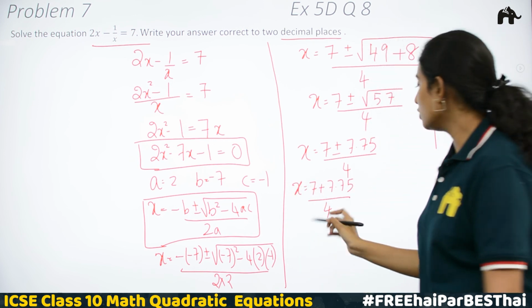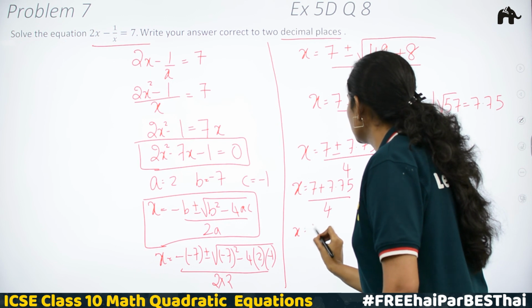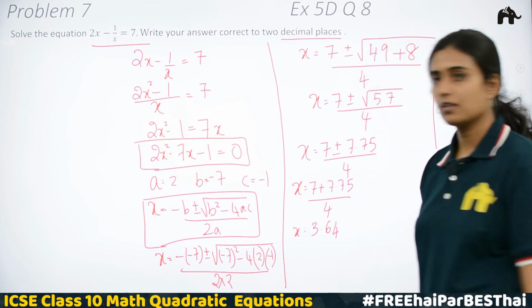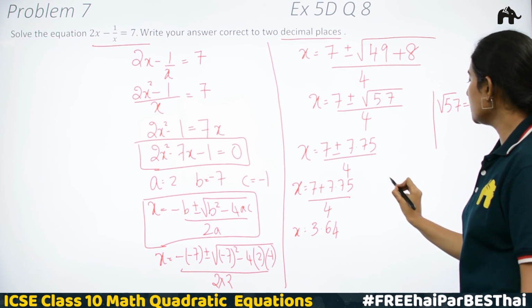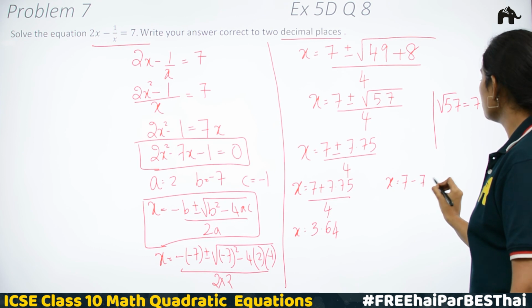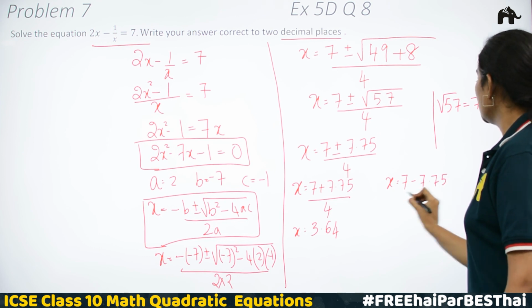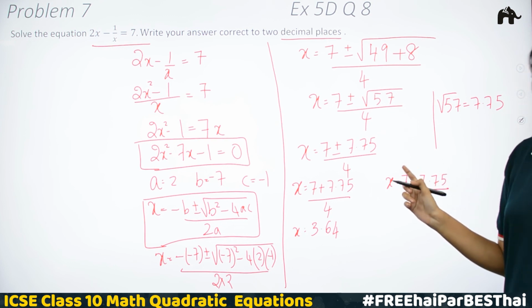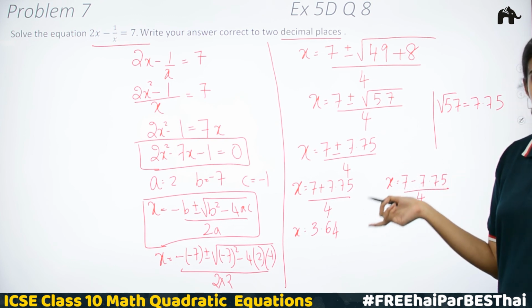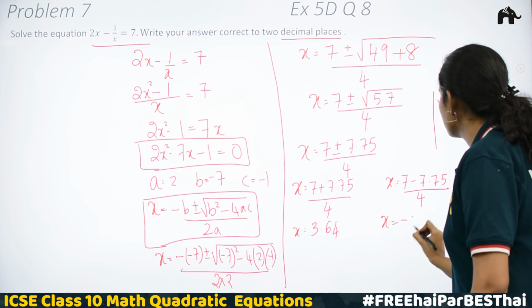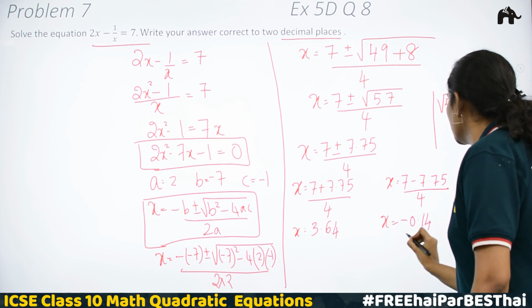When you solve this, you will be getting x is equal to 3.64. The second value is x is equal to 7 minus 7.75 divided by 4. 7 minus 7.75, you will be getting minus 0.75 divided by 4. That is x is equal to minus 0.14.